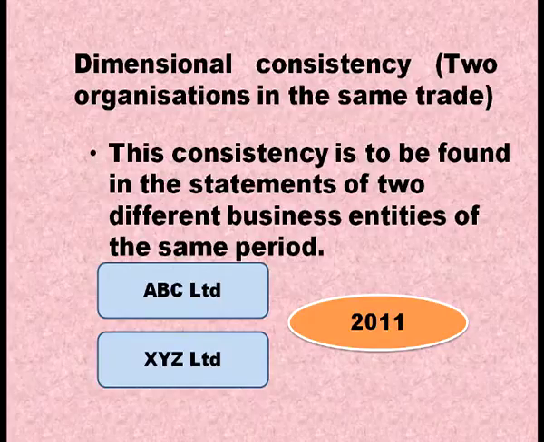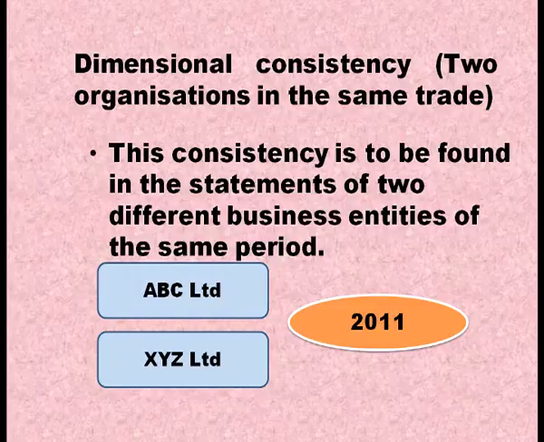Dimensional consistency. This consistency is to be found in the statements of two different business entities of the same period. For example, one business entity ABC Limited and another business entity XYZ Limited.